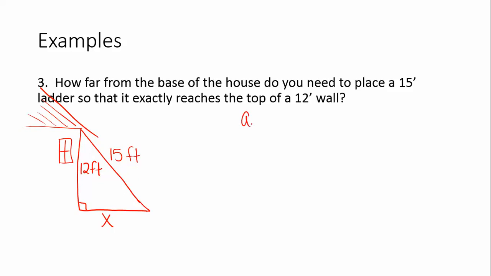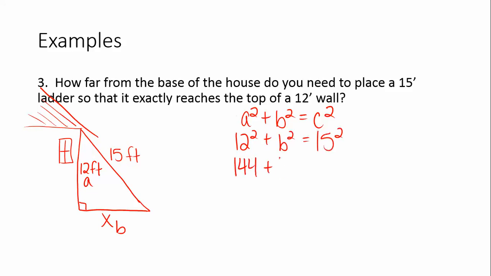So again, it is the Pythagorean theorem, but this time we actually know the hypotenuse. We don't know one of the legs. I'm going to label this one a, and we'll call this one b. So 12 squared plus b squared equals 15 squared. That's 144 plus b squared equals 225.